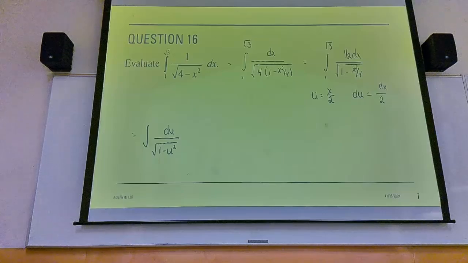When x is 1, what's u? When x is √3, what's u? What's that antiderivative? Why do I put a 1/3?